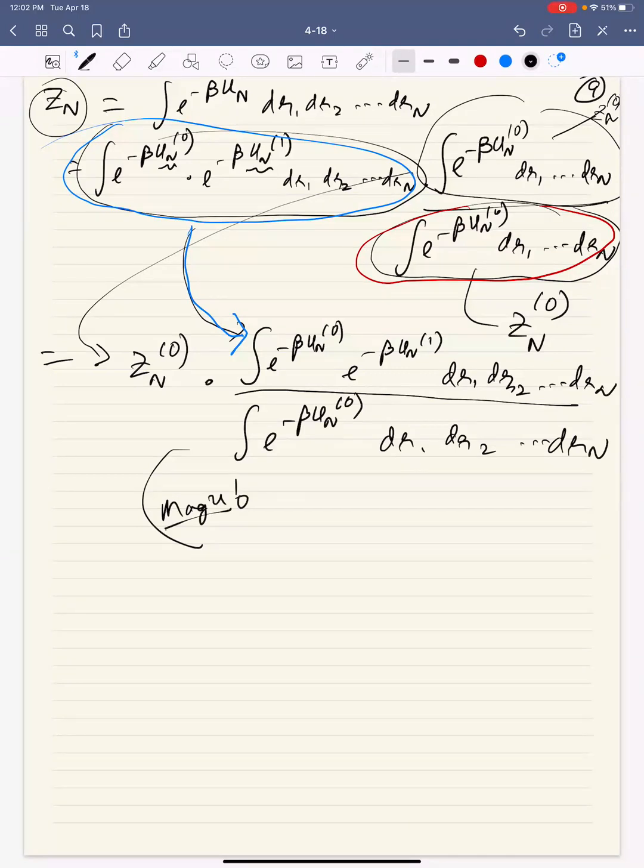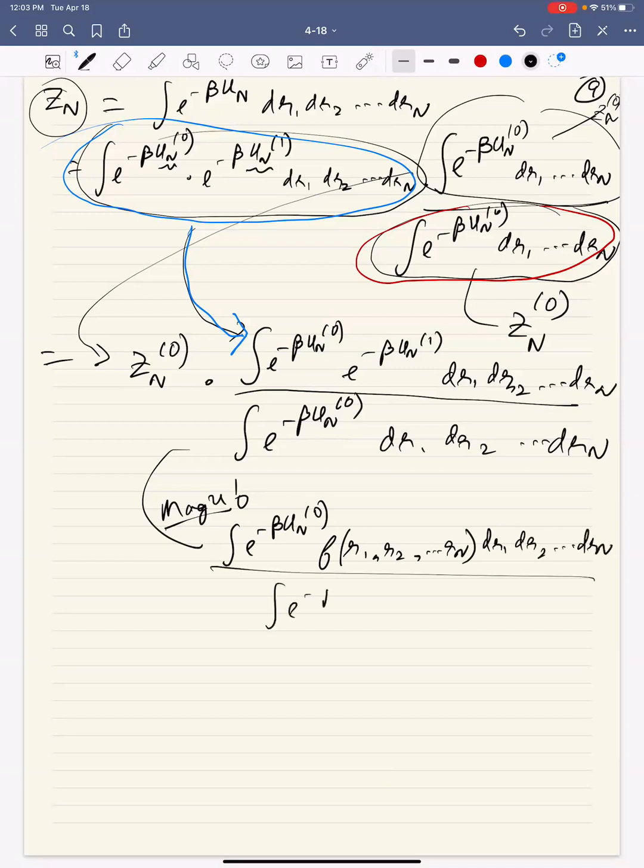is, at that point, if I was a reviewer, I would have almost been tempted to say what you derived is trivial and be very jealous, like he thought of it and I did not, right? It's almost at that level. It's so simple. Just to give you a sense: if I had e to the power minus beta U_N0 multiplied by some function of r1, r2, ..., rN, multiplied by dr1, dr2 going till drN, divided by the integral of e to the power minus beta U_N0 dr1, dr2, ..., drN, then this thing is nothing but the canonical ensemble average of f of r1, r2, ..., rN.